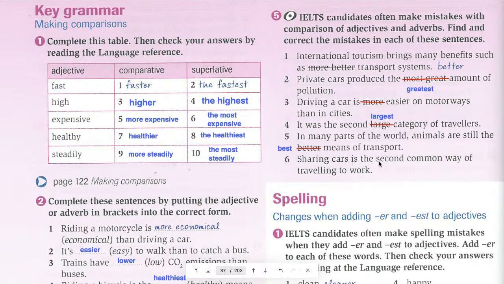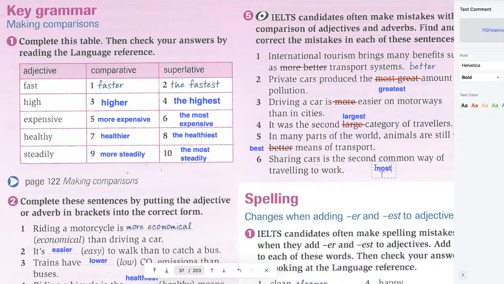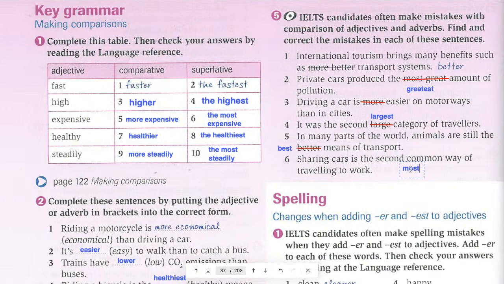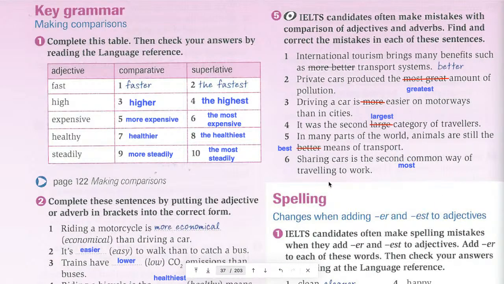Sharing cost is the second most common way of traveling to work. Got it? Done. Now, break time.